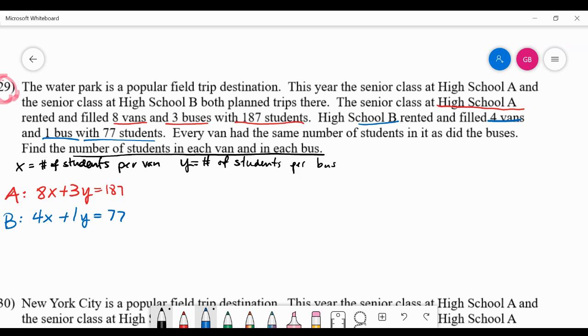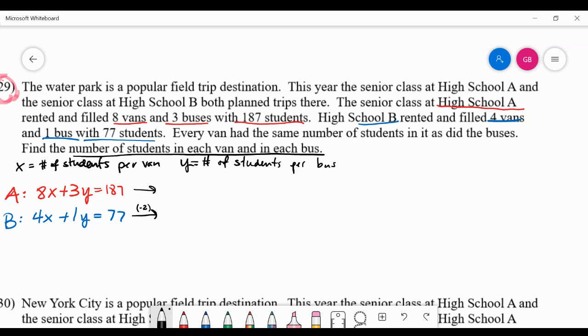Okay. So looking for things to eliminate. They don't match yet, but we could use multiplication. If I multiply the 4x times -2, then it would eliminate. It'll give me -8. So I'm going to multiply the second equation by -2.